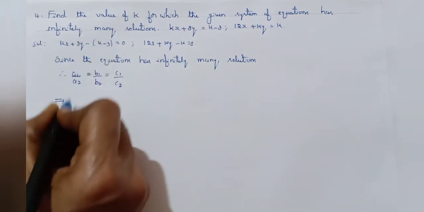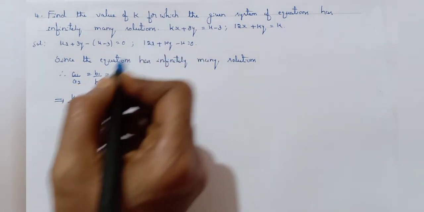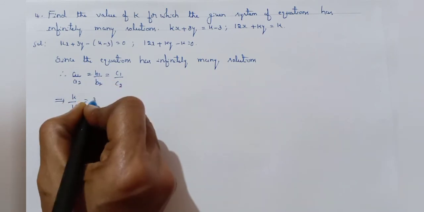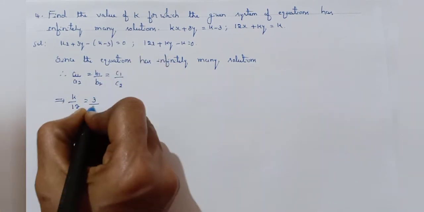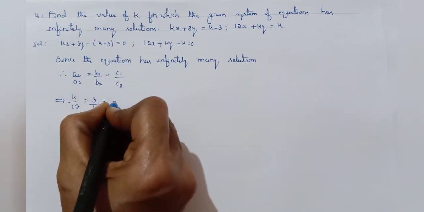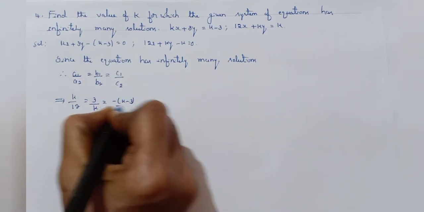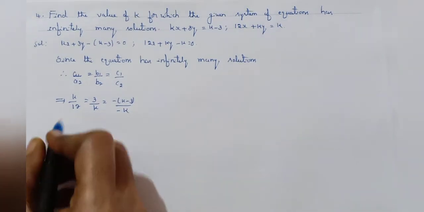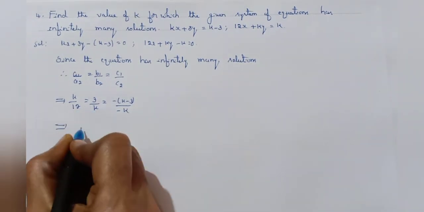Here A1 is K and A2 is 12, B1 is 3 and B2 is K, C1 is minus of K minus 3 and C2 is minus K. Now equate the first and second ratios.